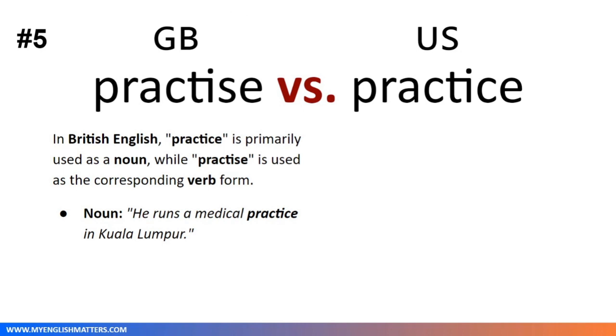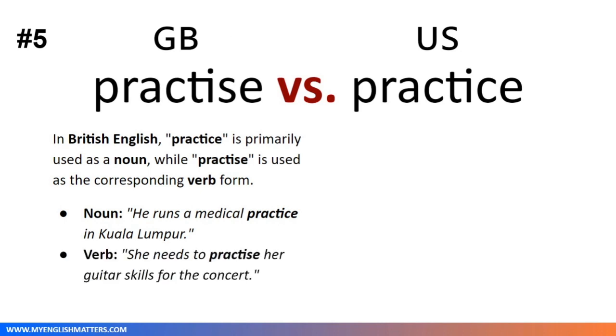Medical practice, I'm talking about that word being a noun. So we use the C. But when it's a verb in British English, she needs to practise her guitar skills for the concert. That's a verb. So we use the S form.